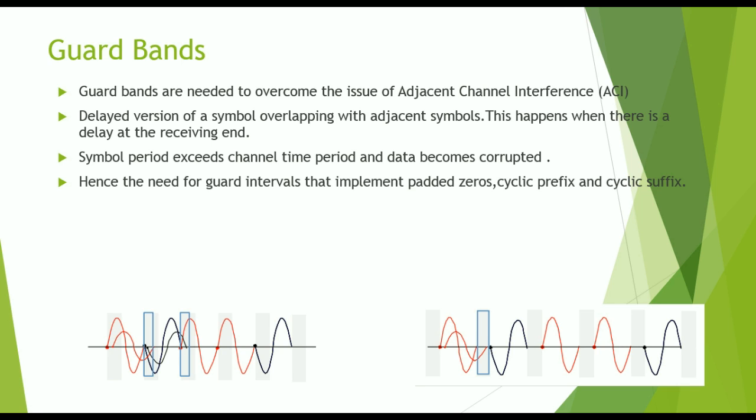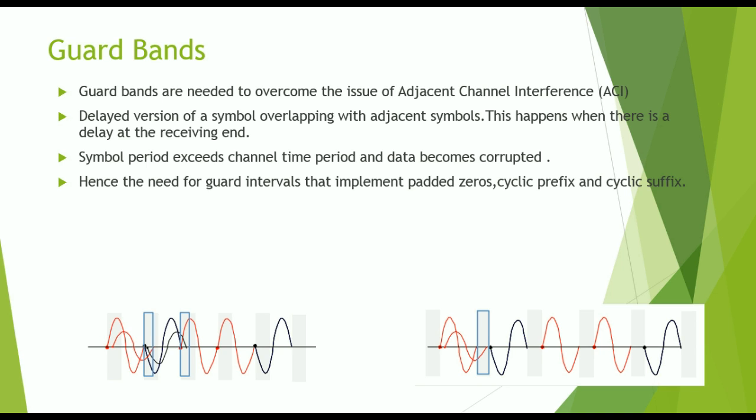Now, what are guard bands and why do we need them? Guard bands are needed to overcome the issue of adjacent channel interference. Again, this happens when there is a delay at the receiver while a new set of data starts coming in from the transmitter.